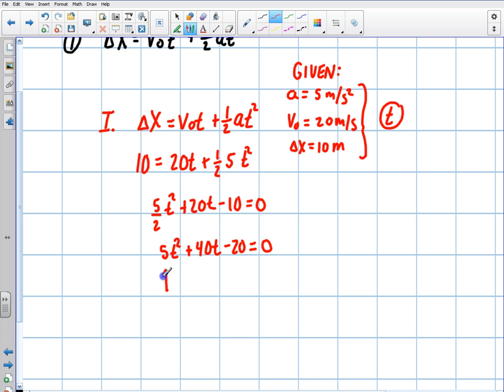Now I have to solve the quadratic. In a standard quadratic equation, this is going to be a, this is going to be b, and this is going to be c.